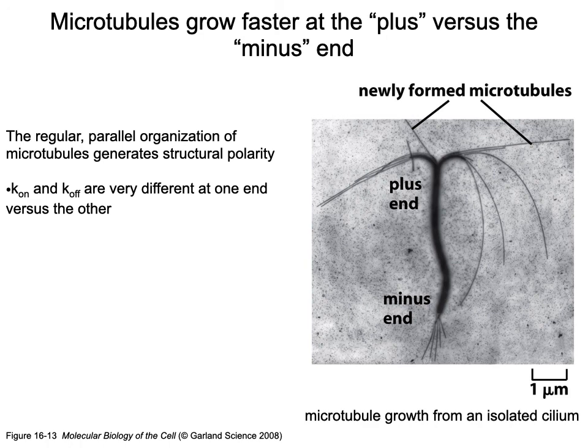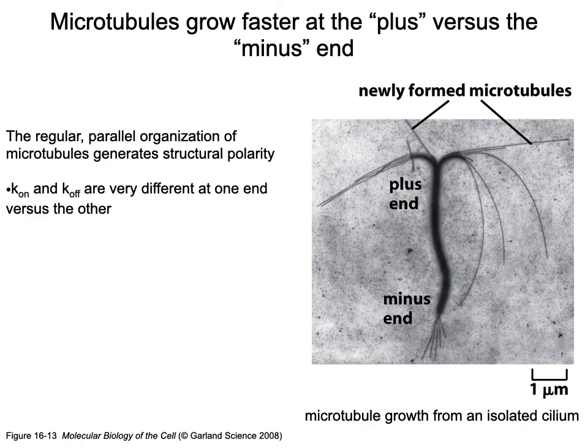Now the minus end is going to be slower, or a shrinking is going to happen, and this is because the K on is happening at a slower rate than the K off. So you can think of it this way: if you have a high rate of subunits adding on, you're going to be growing and extending the microtubule, right?